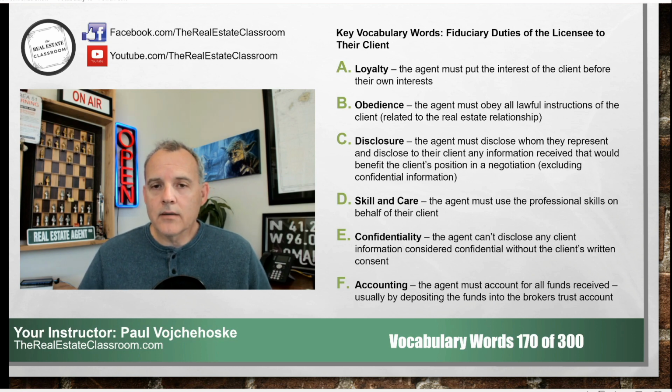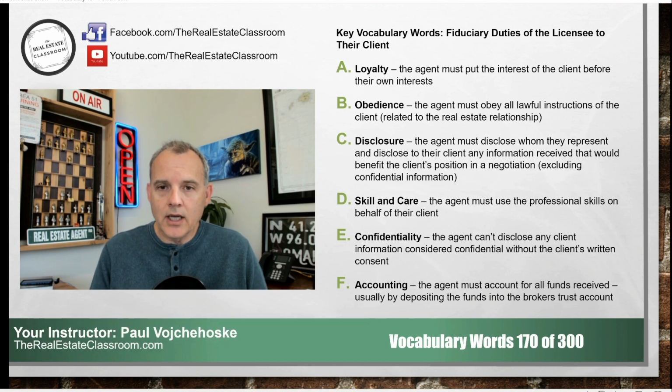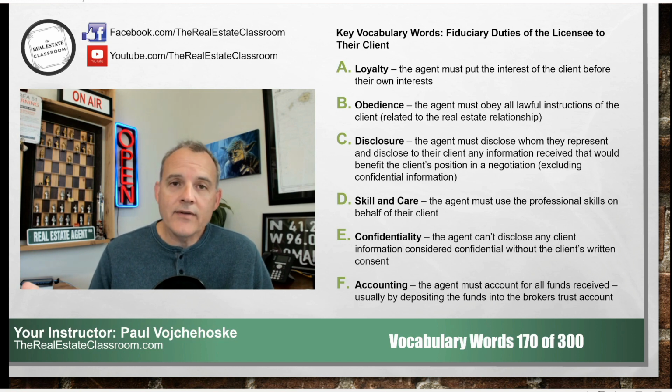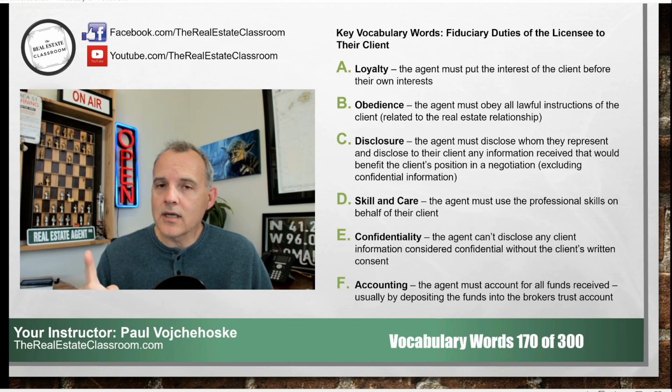The next one I want to talk about is obedience. This is where the agent must obey all the lawful instructions of the client as it relates to a real estate transaction. For example, maybe there's a $500,000 listing that your client wants to put an offer in on, and the client says, I want to offer $50,000.